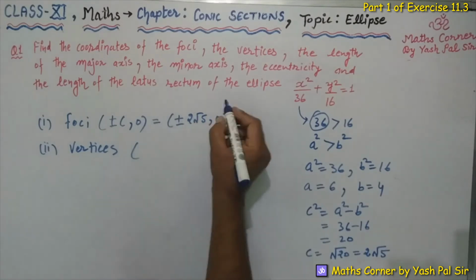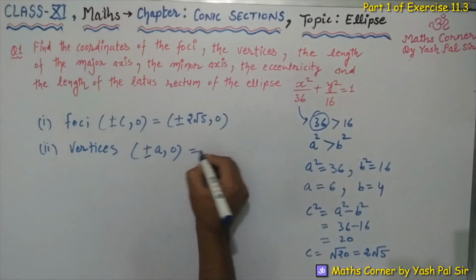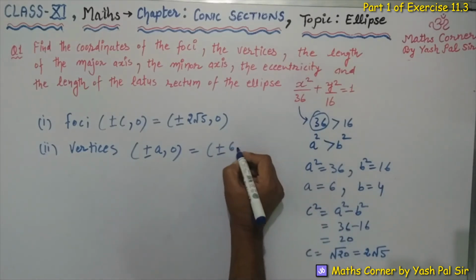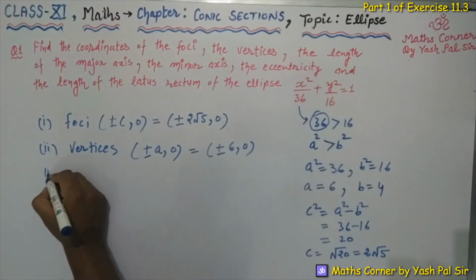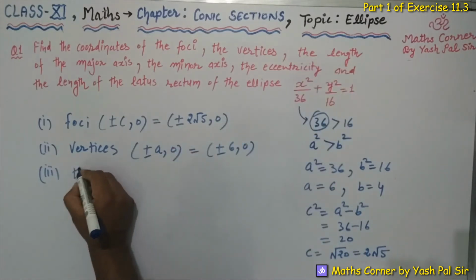Vertices here we have plus minus a comma 0. So this becomes plus minus a is 6, 0. Third thing is the length of the major axis.